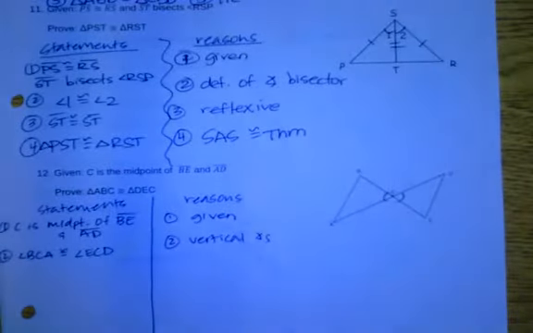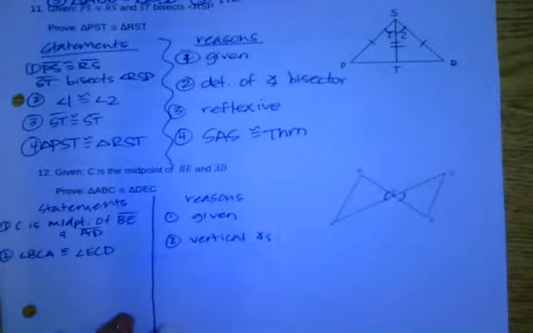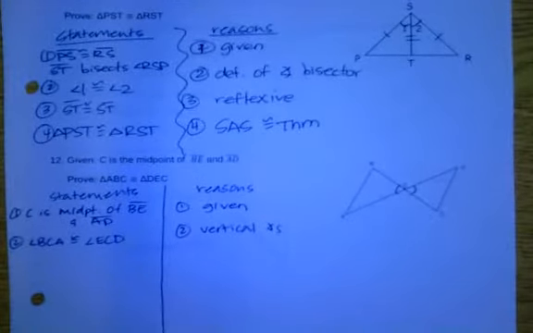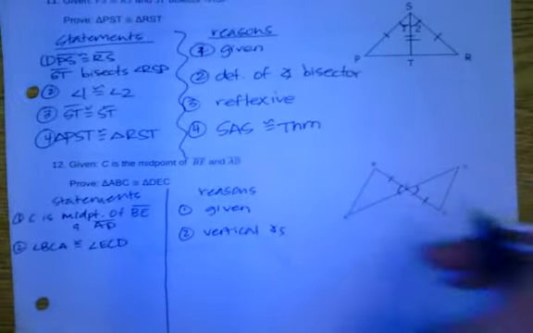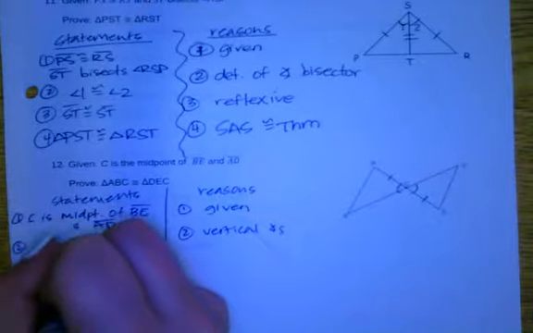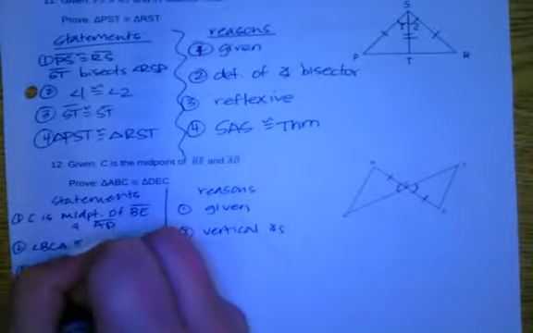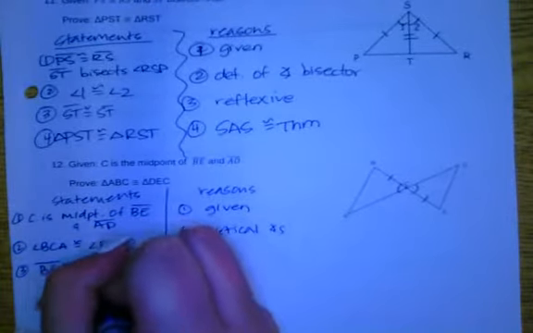C is the midpoint of BE. What does that tell you? BC is congruent to CE. Why is that? Definition of midpoint. Okay. C is also the midpoint of AD.